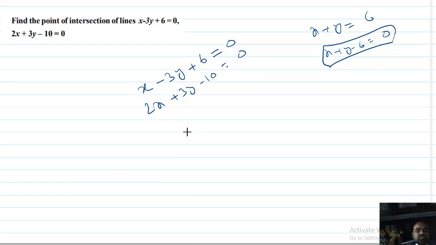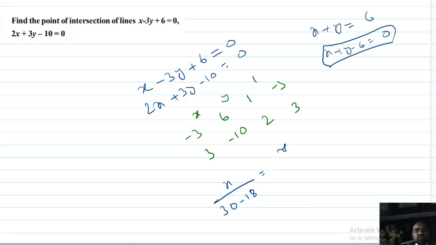Write first the y coefficients, next the constant terms with the algebraic sign, next the x coefficients, and last we need to end with what we started. Here in between are x, y, 1. So x by minus 3 into 30 minus 18 equals y by 6 into 2 is 12 minus (minus 10) equals 1 by 3 plus 6.